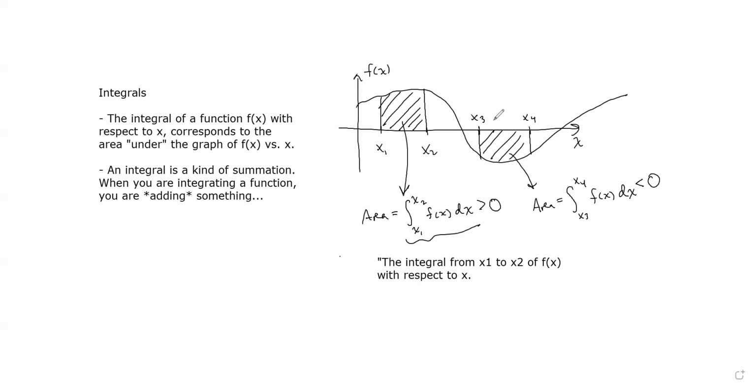If you run into a situation where going from, let's say, x1 to x2 spans a region where the function is both positive and negative, then whichever region is bigger in absolute value determines whether the integral itself, the area under the curve, is positive or negative. But in this example, I can see right away that the area here is going to be a positive area. The area here is most certainly a negative area.